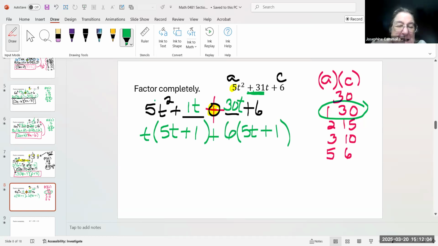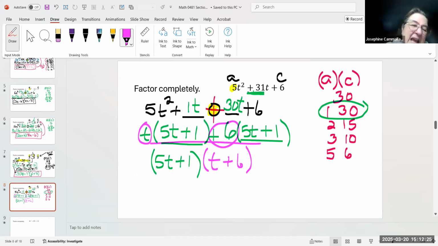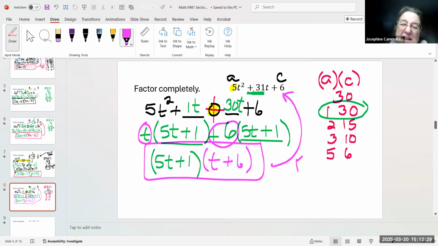That means this has got to be a 6. 6 is my greatest common factor. This is then 5t plus 1, because these are the same. I only write it once. But what's left is this, t plus 6. And again, remember, if I FOIL, I'm going to get what I started with.